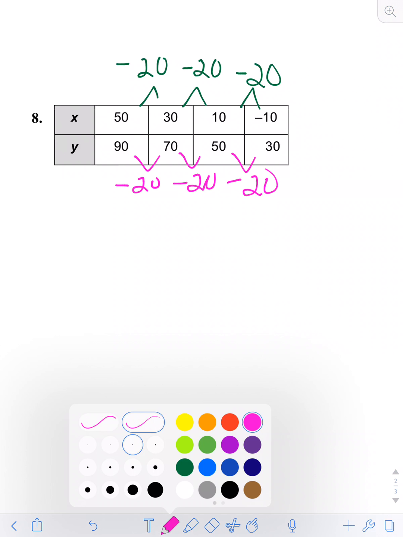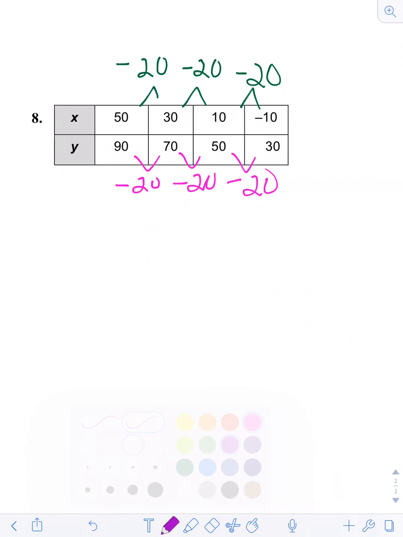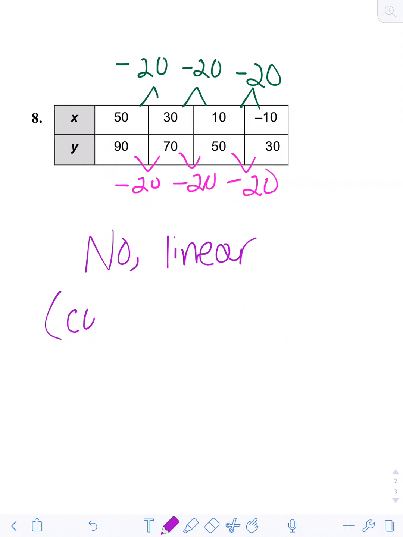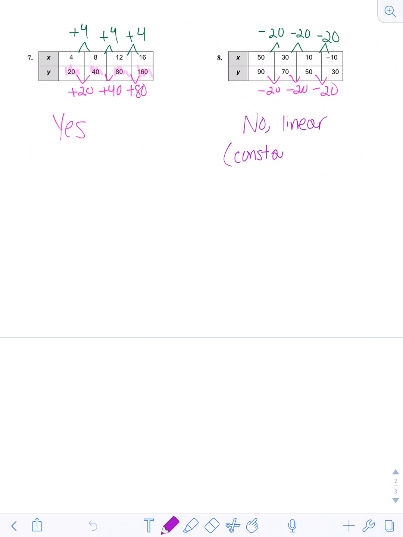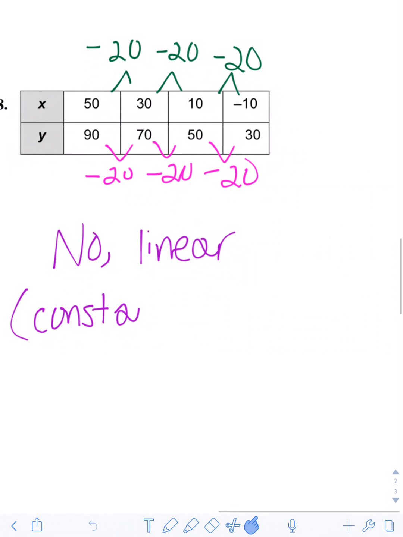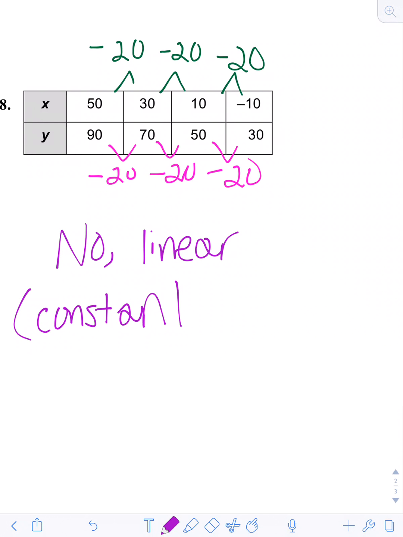So looking at my y values, 90 to 70, 70 to 50, 50 to 30. This is not exponential. This is linear. And again, it's because you have a constant rate of change.